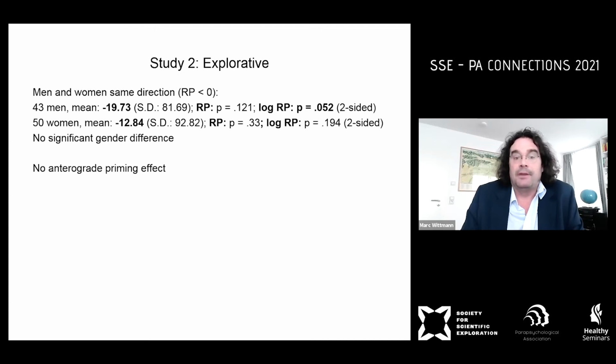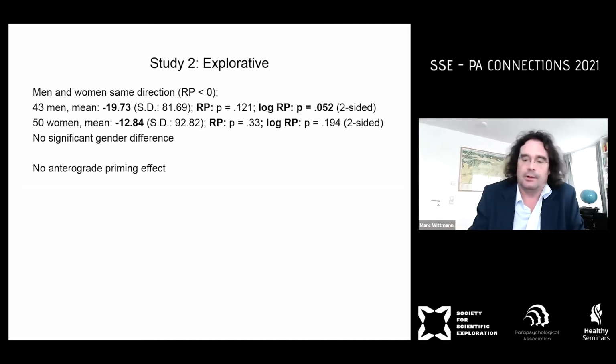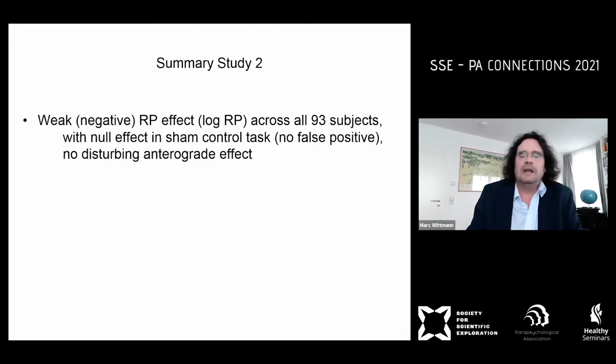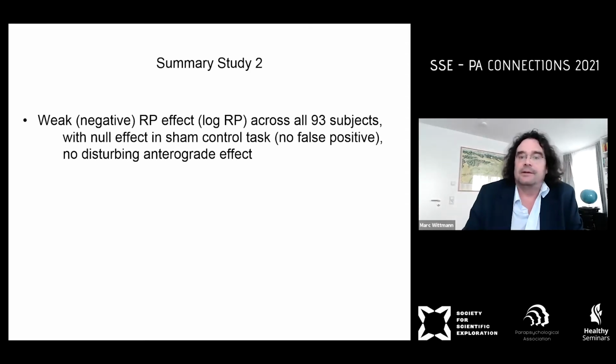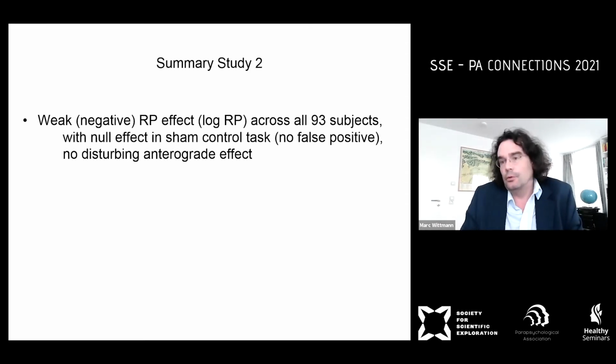There's also no significant gender difference, and, checked it again, no anterograde priming effect that would interfere with our results. So, summary of study 2: we have a weak negative RP effect, log RP, across all 93 subjects, with a null effect in the sham control task. So there's no false positive, and we have no anterograde disturbing effect.